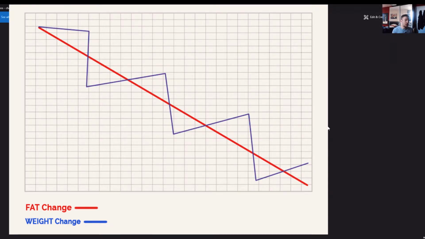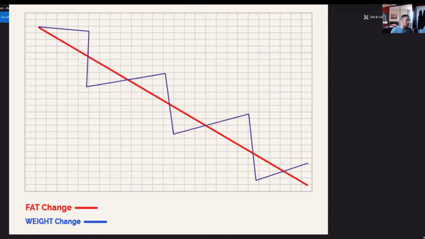Now, we can't actually measure fat change. So there's no actual easy way to measure fat change. We can only use the methods we've got and interpret the results as losing weight and losing fat. So what that means is sometimes you may put on weight or lose weight, but that doesn't mean it's been fat, it's been something else.